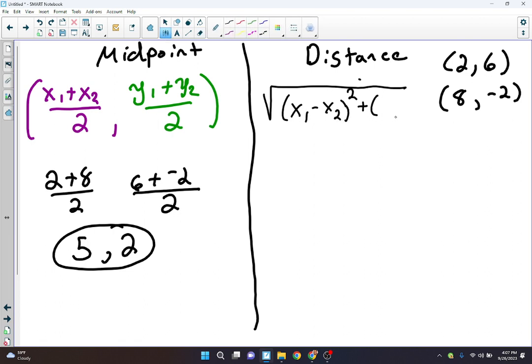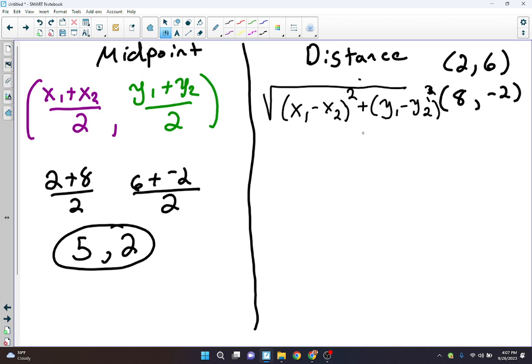Midpoint is plus, while distance has the minus inside. So y1 minus y2, squared, plus. I'll plug that all in. No matter what, it's always subtraction in distance, because the distance between two things is the difference between them.